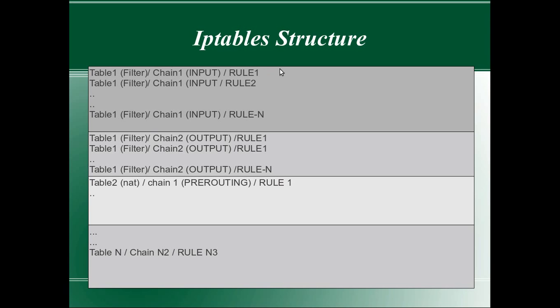These rules are evaluated on the basis of their number. So it starts from rule number 1, 2, 3. If rule number 1 is matched and the traffic is accepted, it will not be evaluating rule 2 then. So we have to be very cautious when implementing these rules and the location of the rules that we have to define. So in every table we have multiple chains, and corresponding to every chain we have multiple rules.